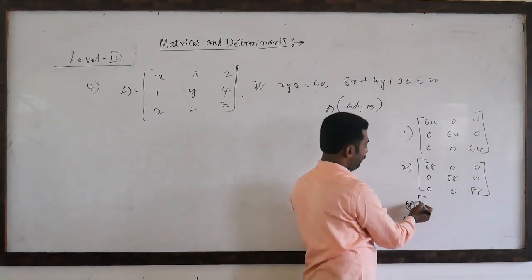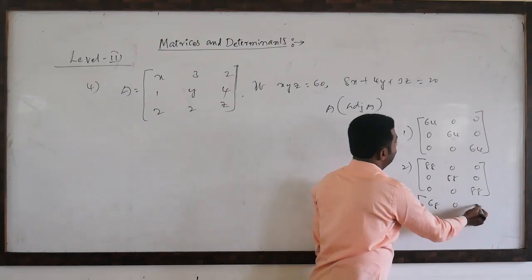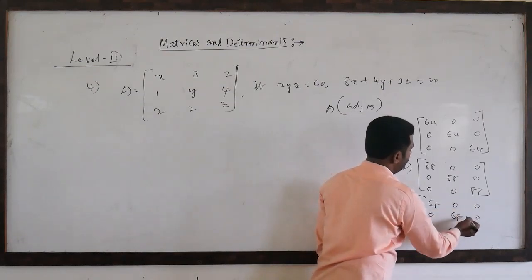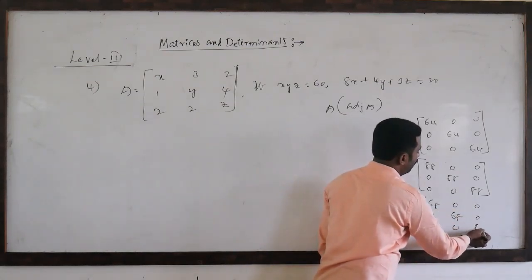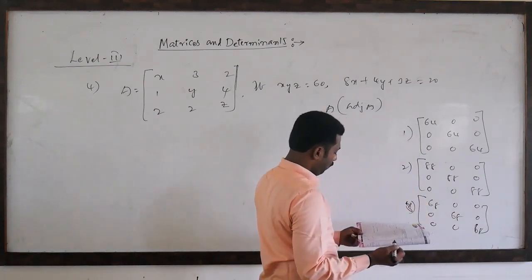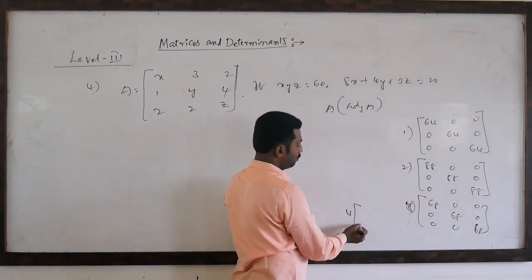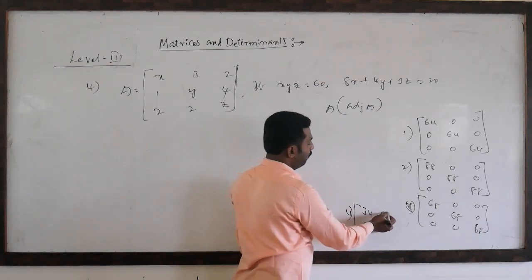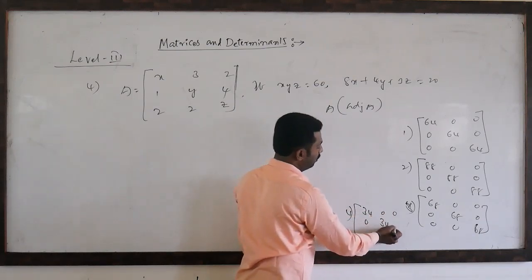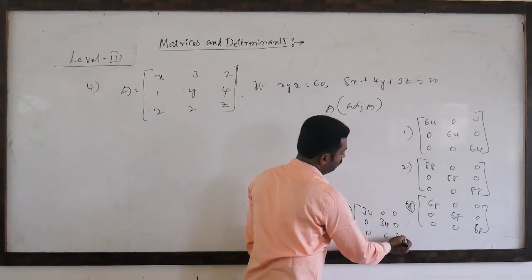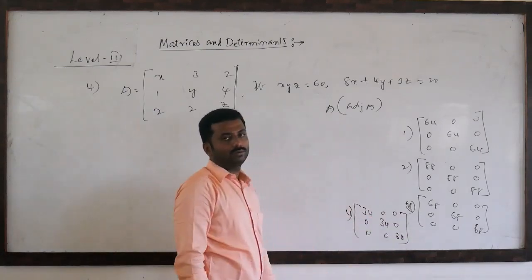Third option 68, with 68 on the diagonal. Fourth option 34, with 34 on the diagonal.